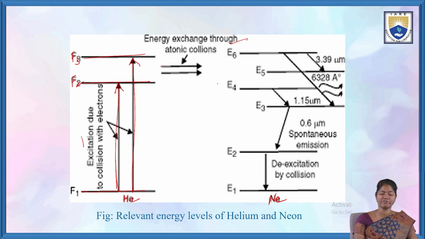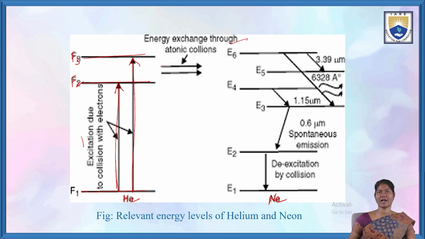So because of inelastic collisions, these neon atoms gain energy from the helium atoms, and after transferring energy to the neon atoms, these helium atoms get de-excited. So from F2 and F3, they come to de-excited to F1 energy level.